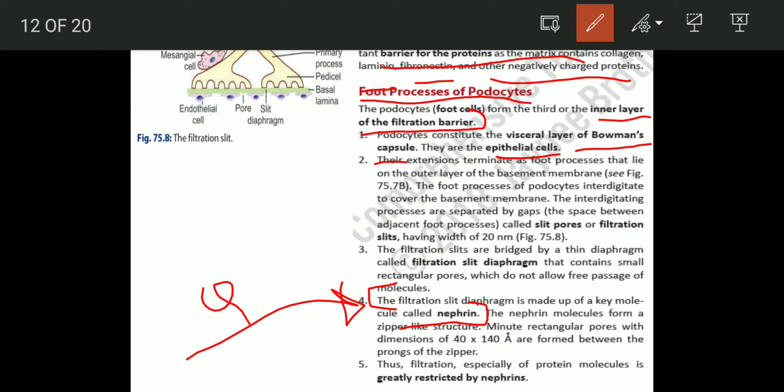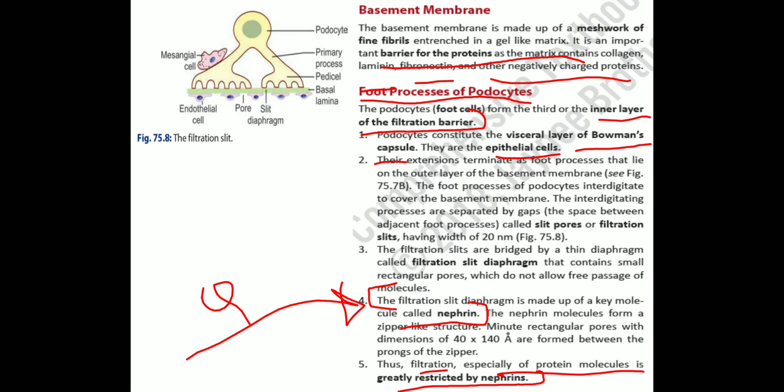Thus the filtration, especially of protein molecules, is greatly restricted by the nephrin. So if the nephrin is mutated, this will cause proteinuria.